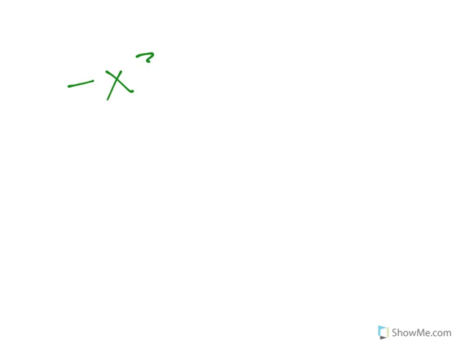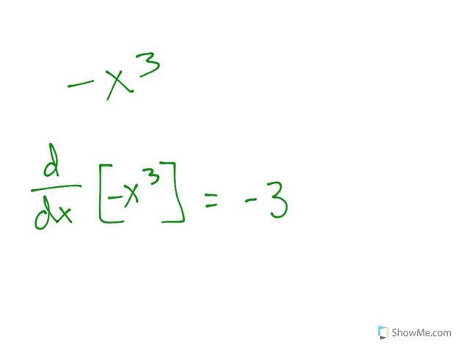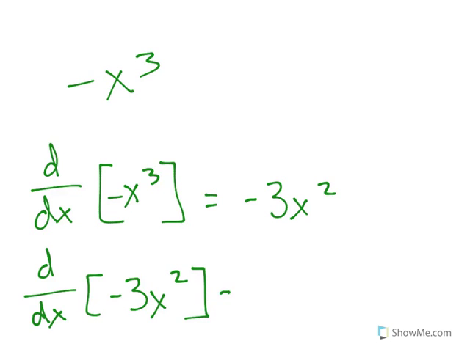If we have negative x cubed, the first derivative is negative 3x squared. And if we get the derivative of the derivative, that's the derivative of negative 3x squared, we get negative 6x.